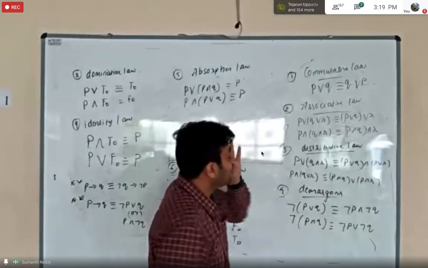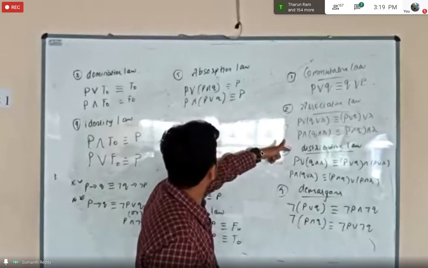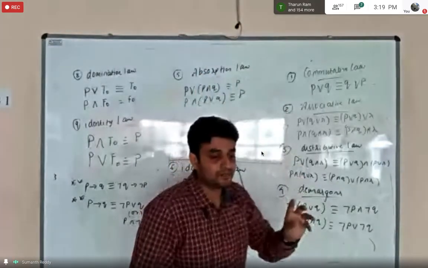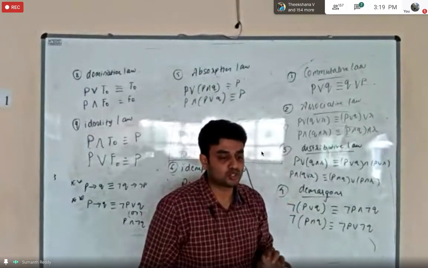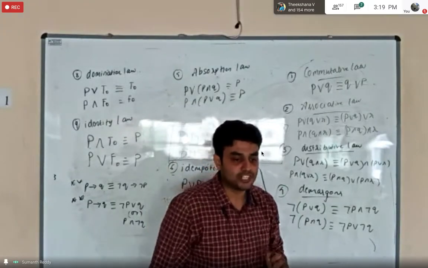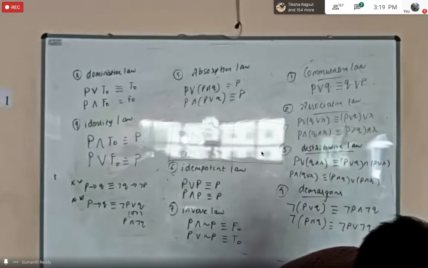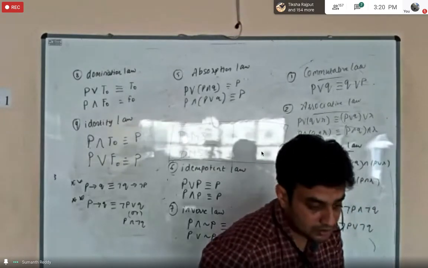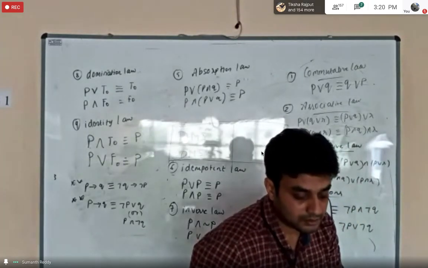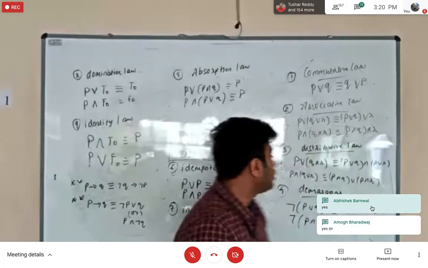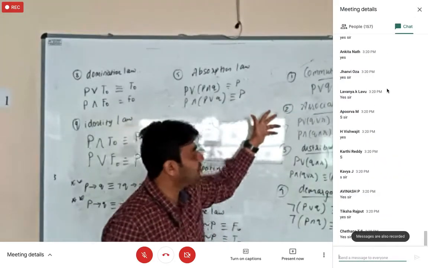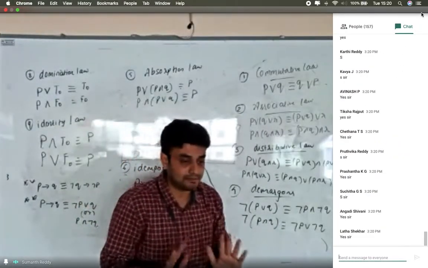But if you observe the associative law, distributive law, and absorption law, there we have three propositions. Students usually get confused about which law to apply. The trick is very simple.